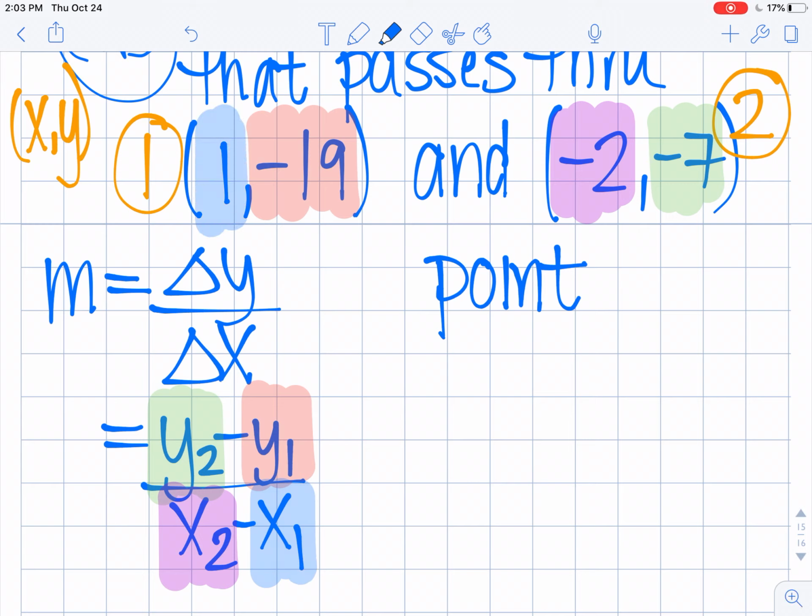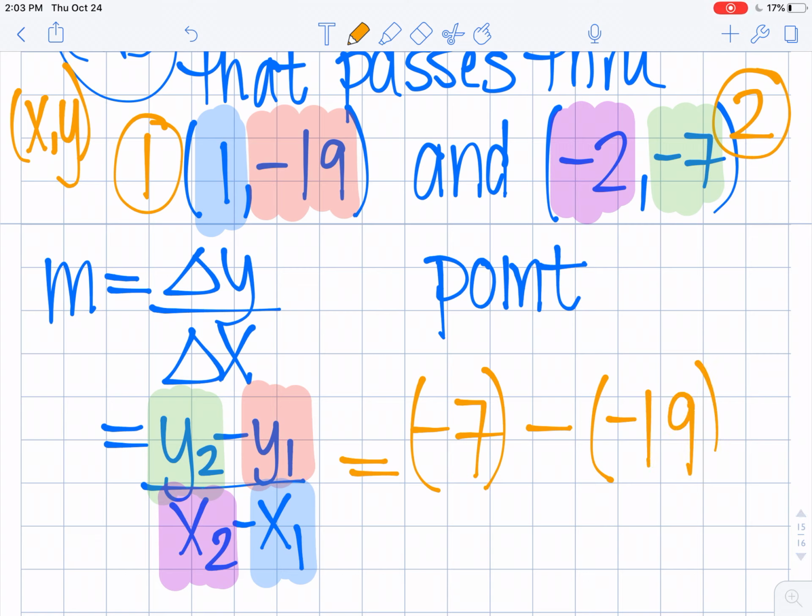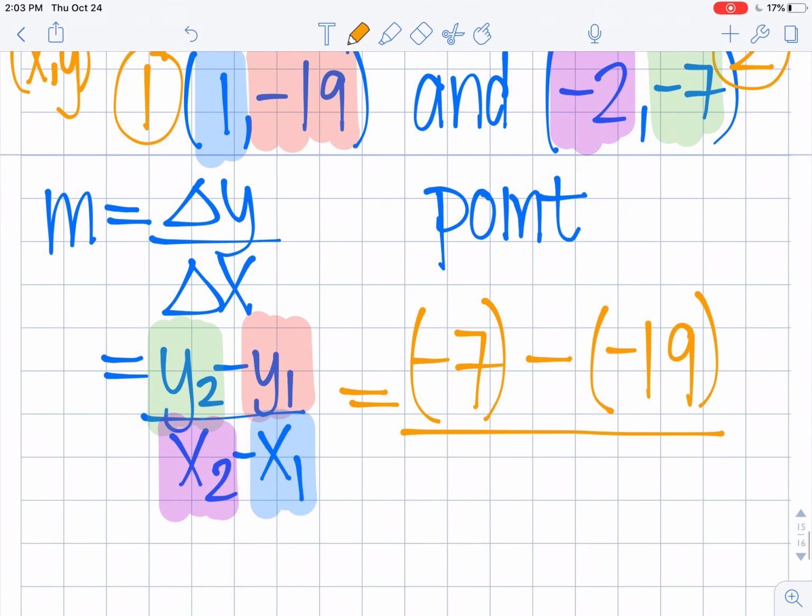So I'm going to take these values and plug them in. In point number 2, my y value is -7. In point number 1, my y value, which I'm putting in parentheses because it's negative, is -19. In point number 2, my x value is -2. And in point number 1, my x value is 1, and I don't have to put this in parentheses because it's not negative.